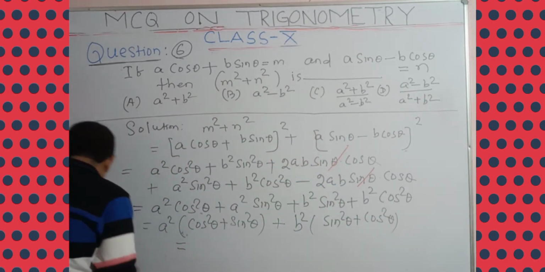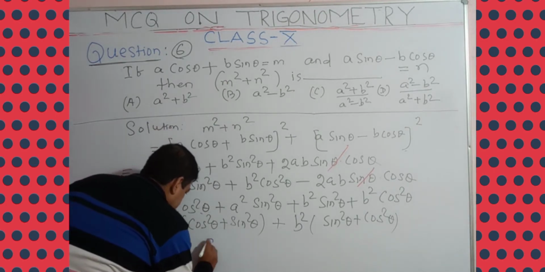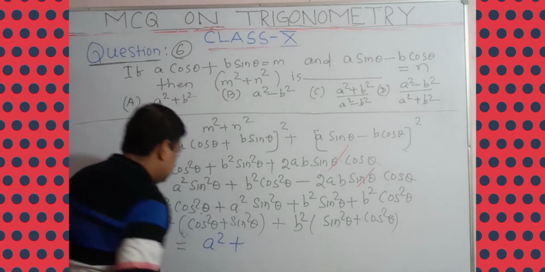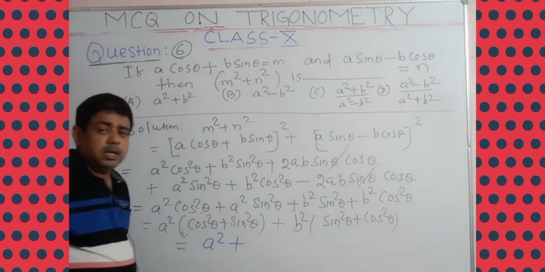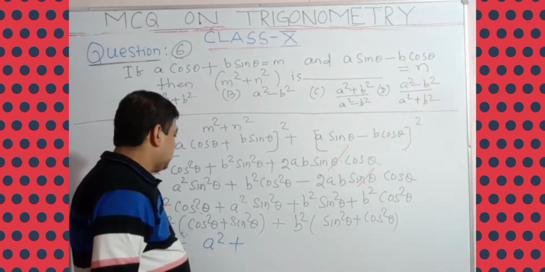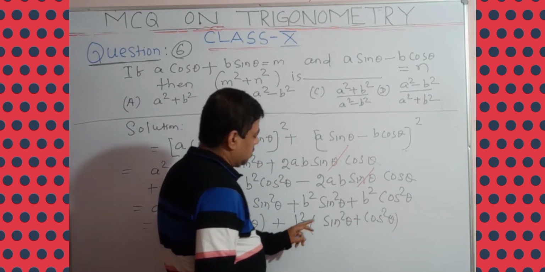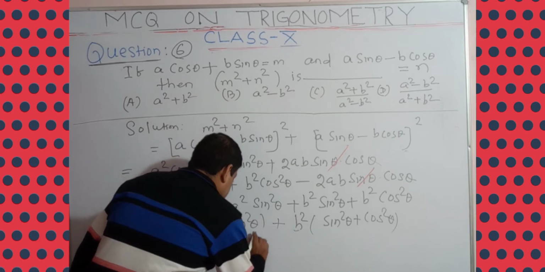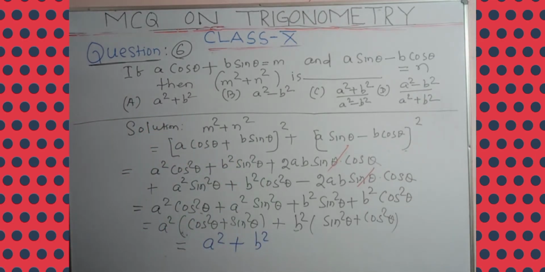So after that, what will we get? Here we will get a square plus, since cos square theta plus sin square theta is 1. So a square into 1 is, according to the multiplicative identity, a square. Similarly, sin square theta plus cos square theta is 1, so b square into 1 is what? b square. Okay, now let's see which is the correct option.